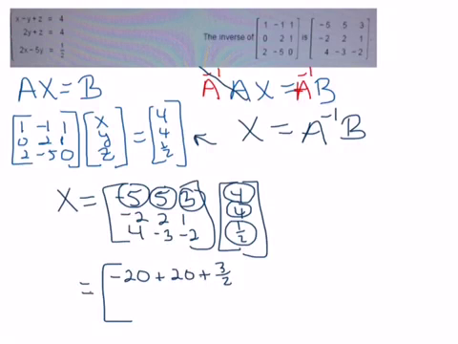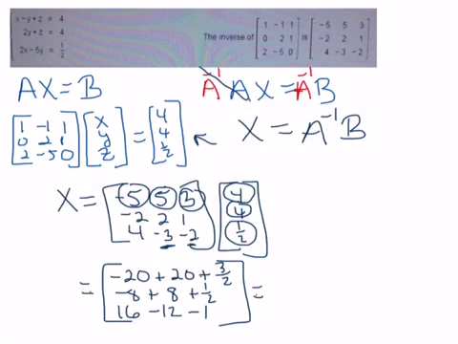Then we'll do the second row. Same thing. -2 times 4 is -8, +2 times 4 is +8, and 1 times 1/2 is 1/2. And lastly, 4 times 4 is 16, -3 times 4 is -12, and -2 times 1/2 is -1.